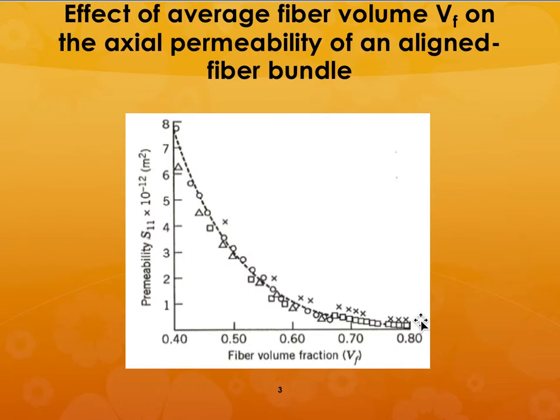As I mentioned to you, in the case of polymer composites, typically we like to have about 60 to 65% fiber volume fraction. Whereas in the case of ceramic composites, you like to have a fiber volume fraction of around 35 to 40% maximum. So that's going to control how well you can infiltrate that bundle with a matrix resin or a matrix gas, etc.